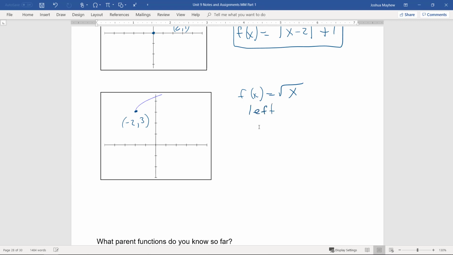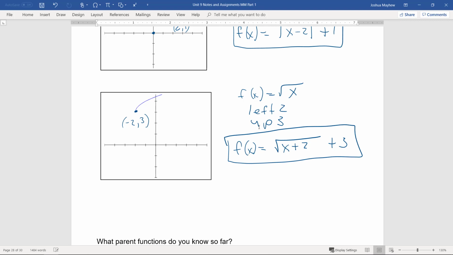And it went to the left 2 and up 3. So I'm going to put that inside my equation. So I've got f of x. So left 2 is opposite underneath my square root. Up 3 is outside the square root. There is our equation for that graph.